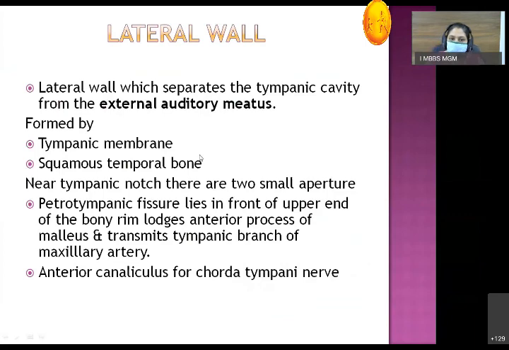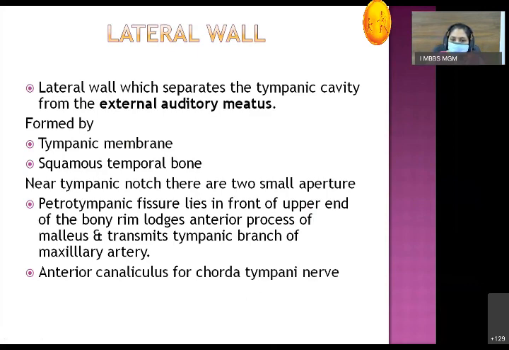The lateral wall separates the tympanic cavity from the external auditory meatus, and it is formed by the tympanic membrane and squamous temporal bone.